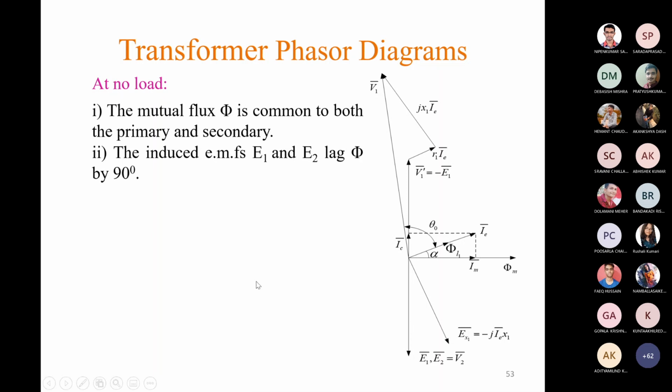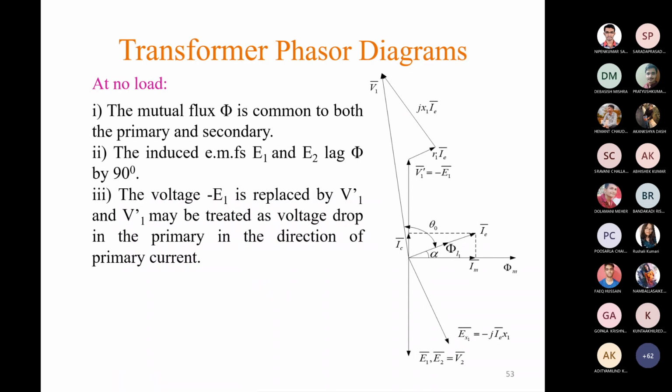Then the voltage minus E1 is replaced by V1 dash, and this V1 dash may be treated as a voltage drop in the primary in the direction of primary current. Okay, so now we have a new term V1 dash.